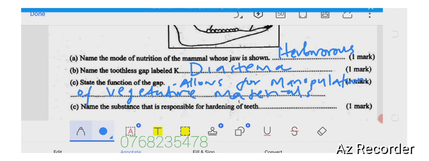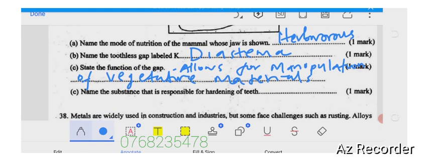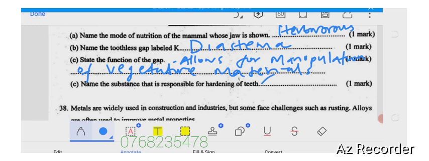You can say vegetative or plant materials, it depends, but it allows for manipulation in such a way that the plant materials that are getting inside the mouth do not mix with the ones that are already in the mouth. The next question: state the substance responsible for hardening of teeth. Hardening of teeth is calcium sulfate. Calcium sulfate is the substance that is responsible for the hardening of teeth.